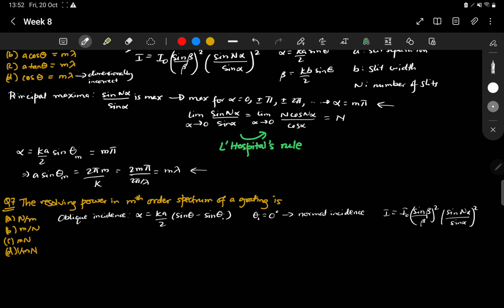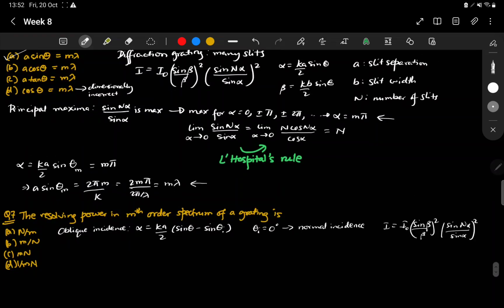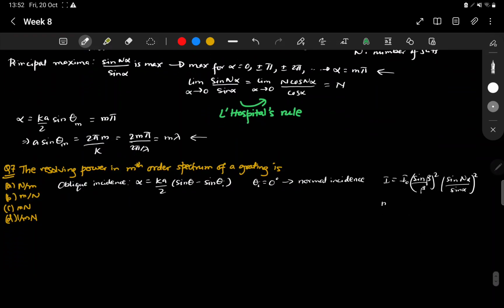And now minima, previously we saw maxima, but now if you look at minima, then minima occur when alpha is the following, and so on and so forth.